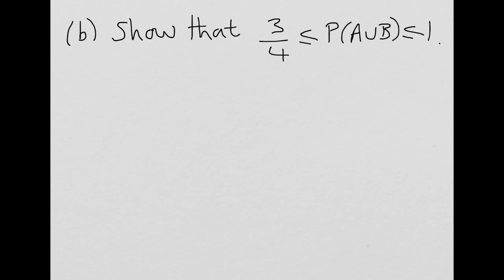Okay, so part B of question 4 is to show that the probability, not of A intersect B, but this time of A union B, satisfies the bounds shown here.